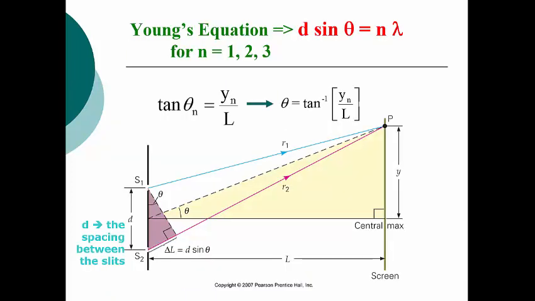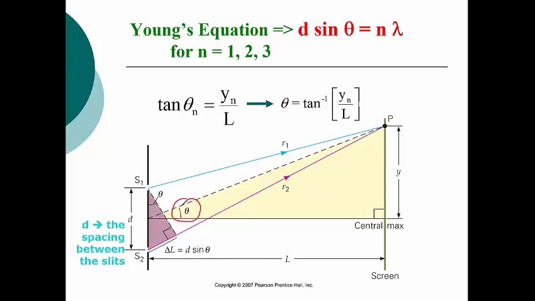So Young's experiment resulted in this equation, where d is the slit distance, the distance between our two slits. Theta appears here in our diagram, and we can calculate theta because we know how far apart the slits are from our screen.